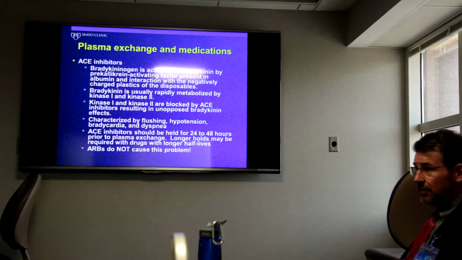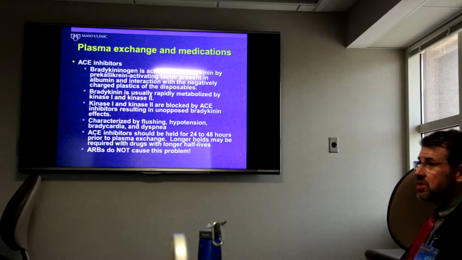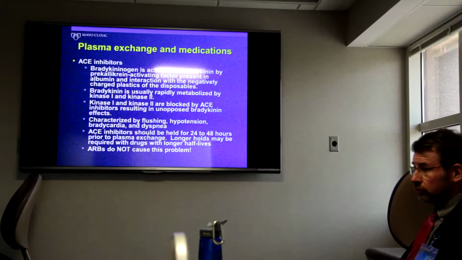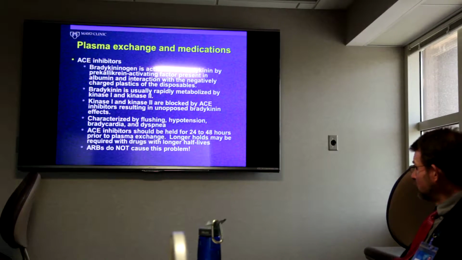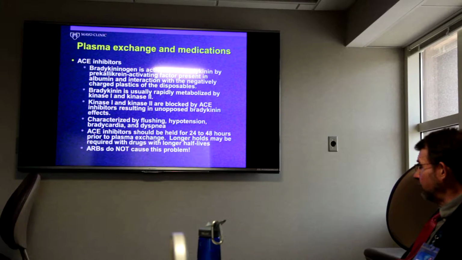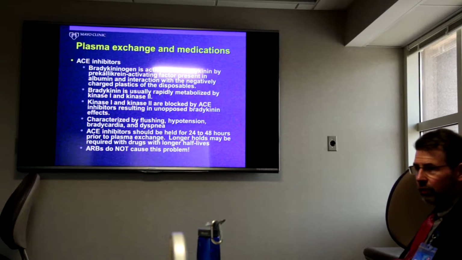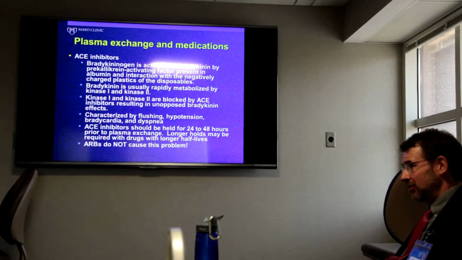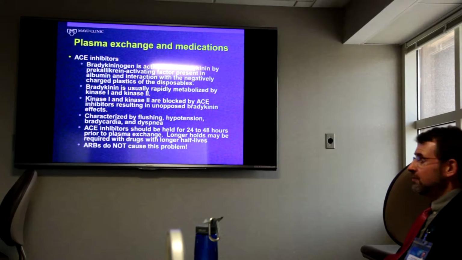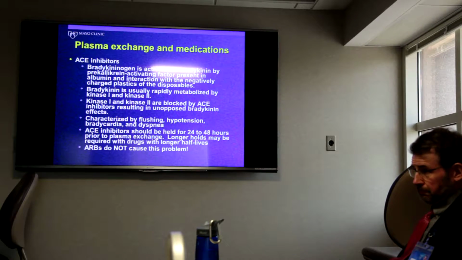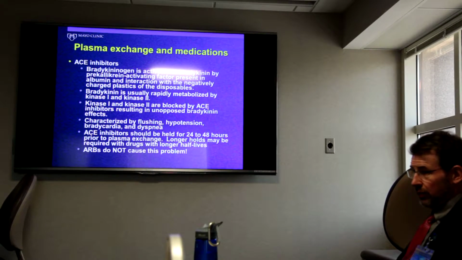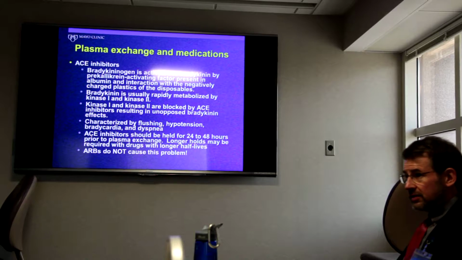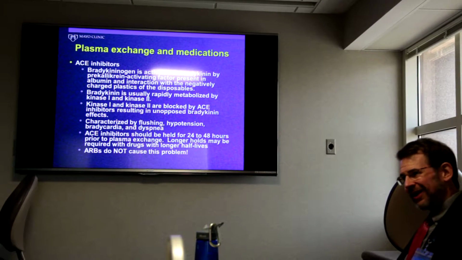So we ask about it, and if it's a non-emergency procedure, okay, we will ask the service to hold the ACE inhibitor for 24 to 48 hours. Usually we just say, don't take it that morning, take it after you're done with the plasma exchange, okay? But if it's an emergency procedure, okay, so somebody we need to treat right away, that doesn't mean that we're going to wait 24 to 48 hours, okay?